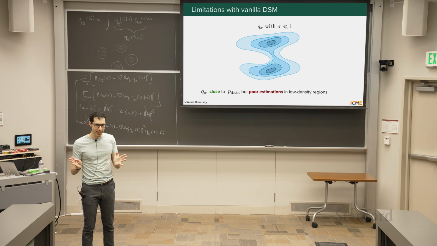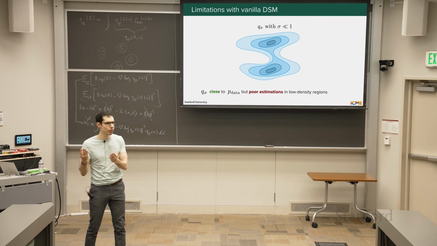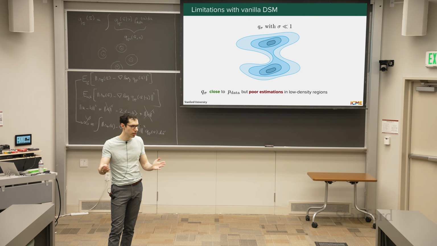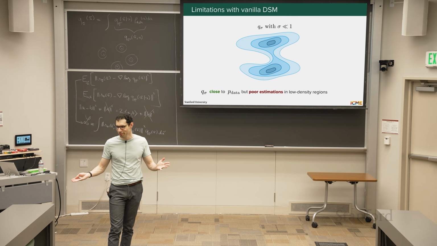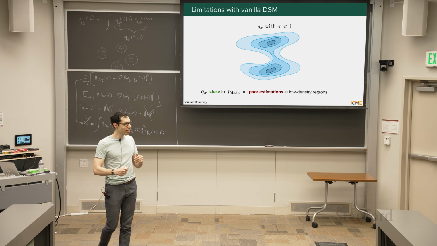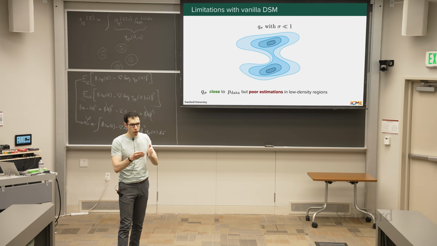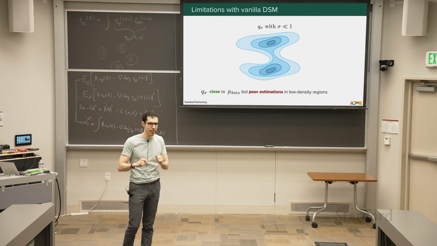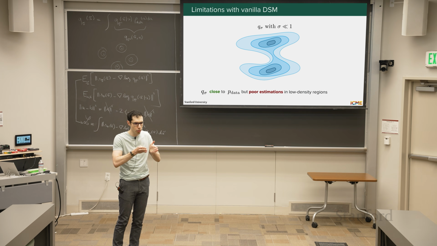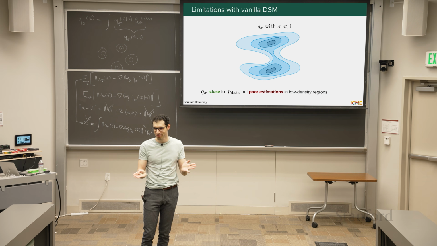And the problem with that is if you sample from a distribution that is easy to sample from, for instance, a Gaussian, well, most of the time you're in regions that are low density. So if you use the score of a noisy distribution with a small noise, then you will not have estimations of that score that will be accurate in those low density regions. So you will not be able to accurately go towards the high density regions.